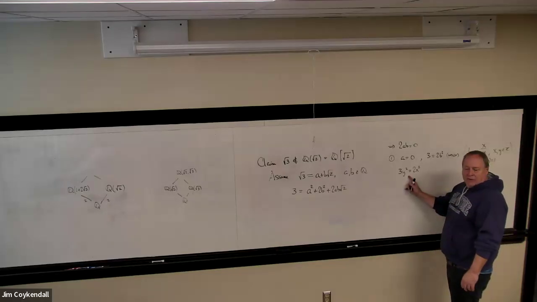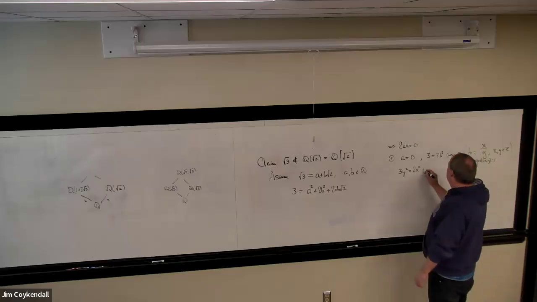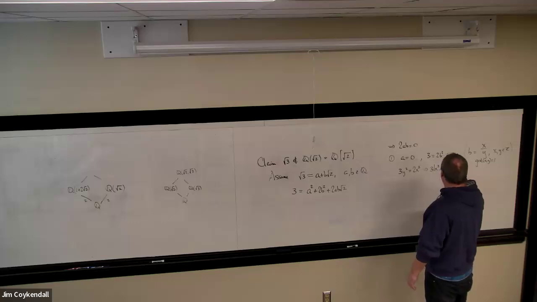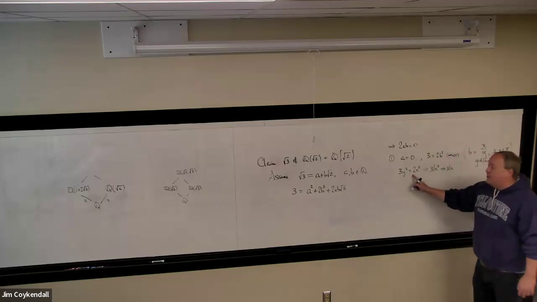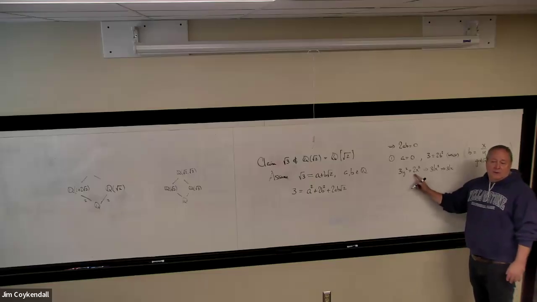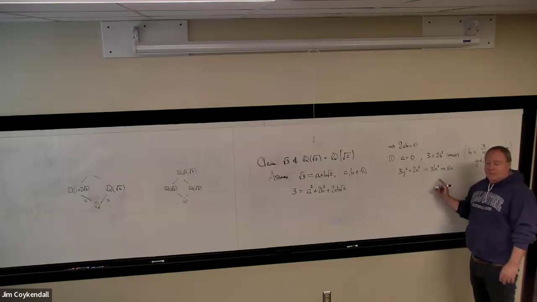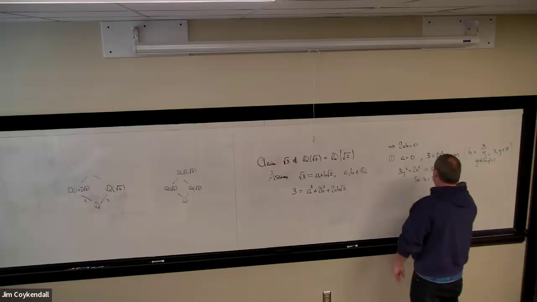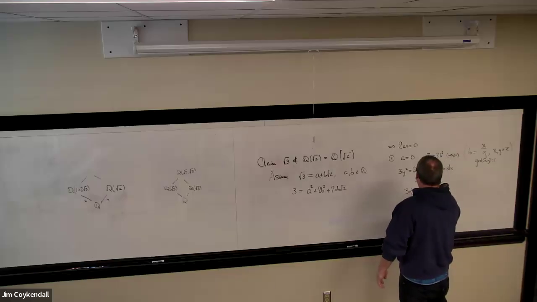Look at this equation here in the integers. Now it's easier to deal with. This implies 3 divides x squared, which implies 3 divides x, because 3 doesn't divide 2, and 3 and 2 are relatively prime, so 3 has to divide x squared. But 3 is prime, so it has to divide x. So x is equal to 3k. And this equation gives 3y squared equals 2 times 9k squared, so that would be 18k squared.